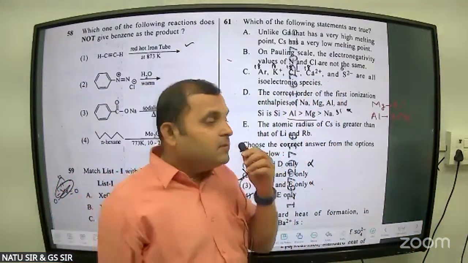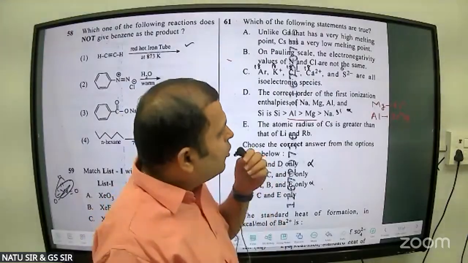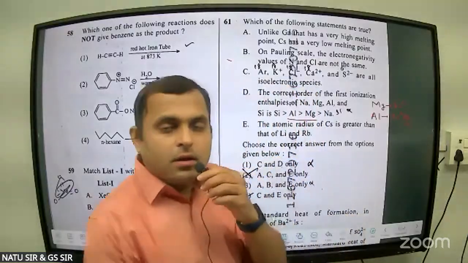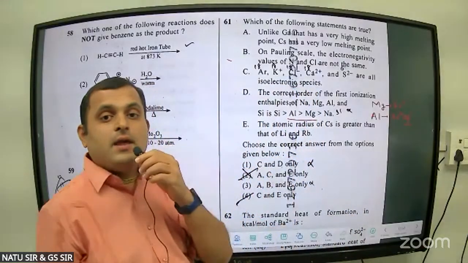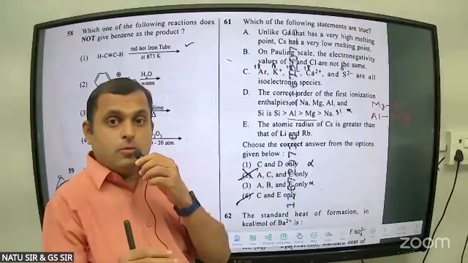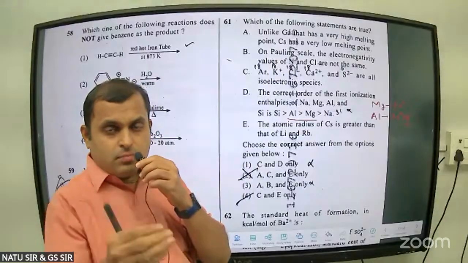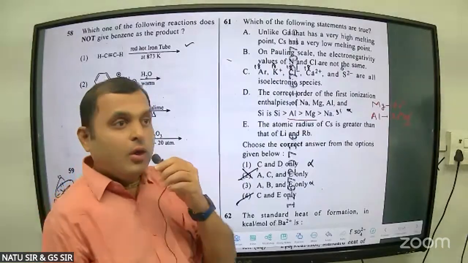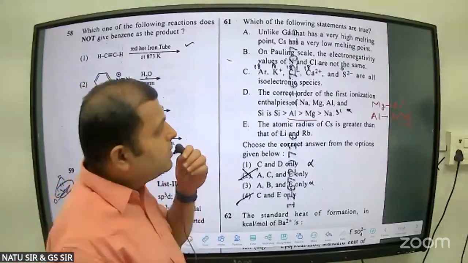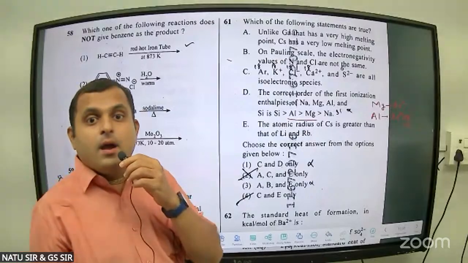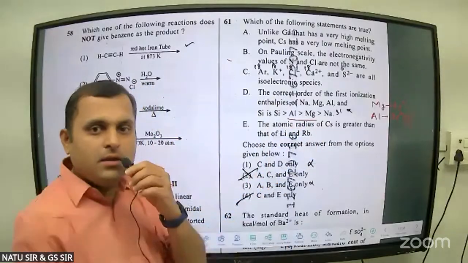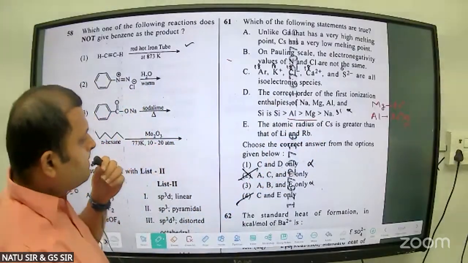So from magnesium, the electron is removed from the s subshell, whereas from aluminum, it is removed from the p orbital. Now, s orbital has greater penetration power than p orbital. That means the electrons in s orbital are lying closer to the nucleus, because of which they are more tightly bound with the nucleus, and that is why removal of an electron will be difficult from magnesium. And that is why the order will be silicon, then magnesium, then aluminum, and then sodium. So this is again wrong.